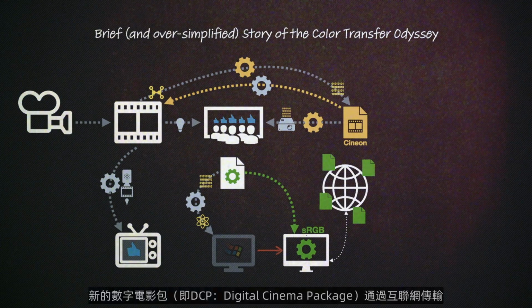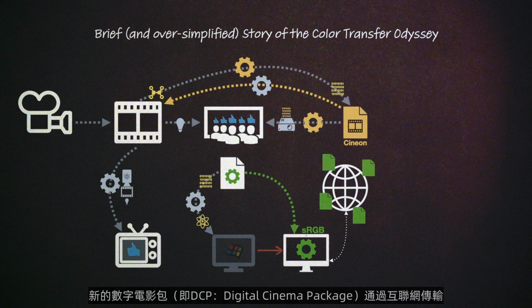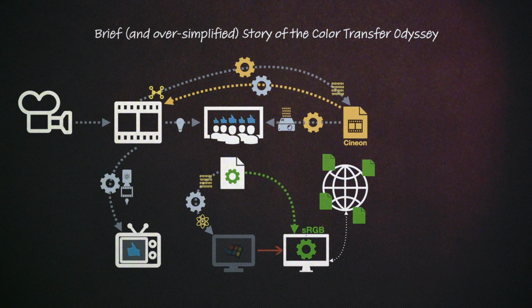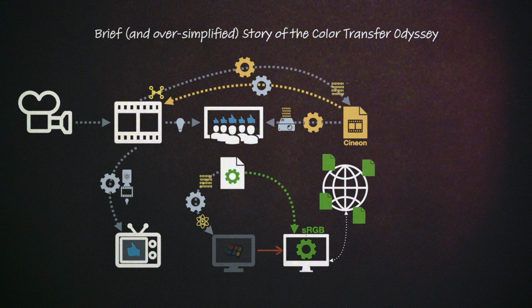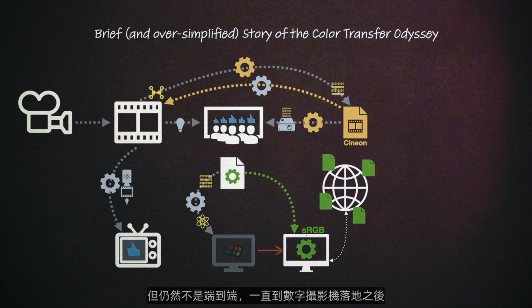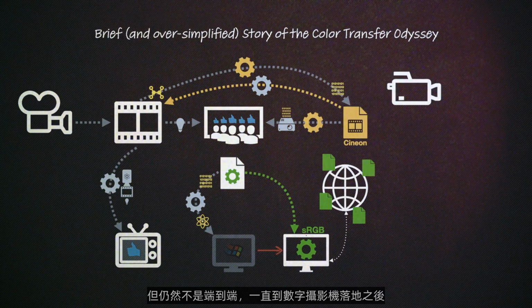The new digital cinema packages, also known as DCP, were transmitted over the internet. Cinema was becoming entirely digital, but not end-to-end just yet, until digital cameras landed.